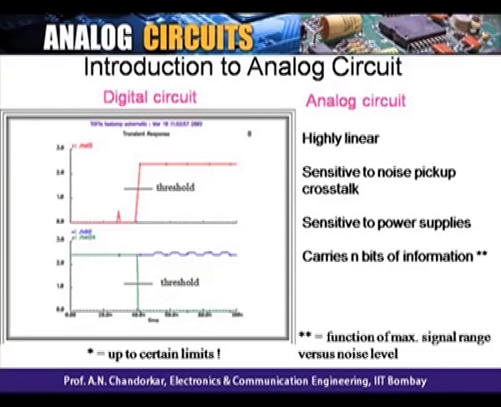Here is the advantage of digital. You can see it's not very clearly visible, but maybe I'll read from here. This is an input I have put, and this center line is the threshold. So anything above is 1, anything below is 0. You can see there is a small variation occurring below, but it doesn't matter to me.